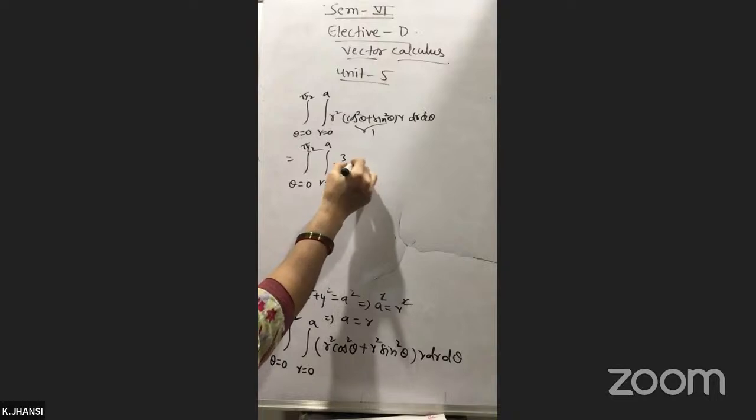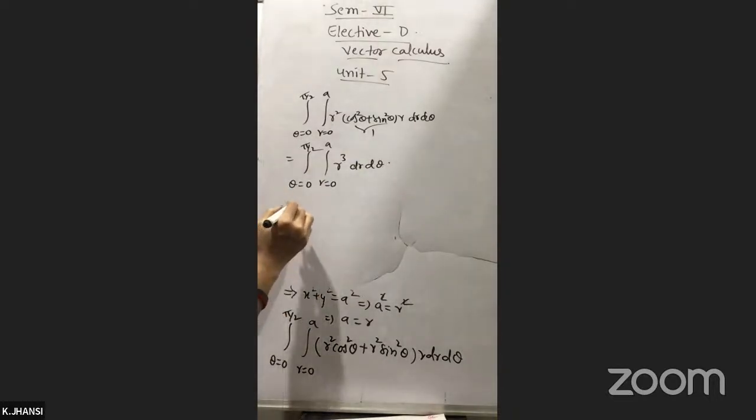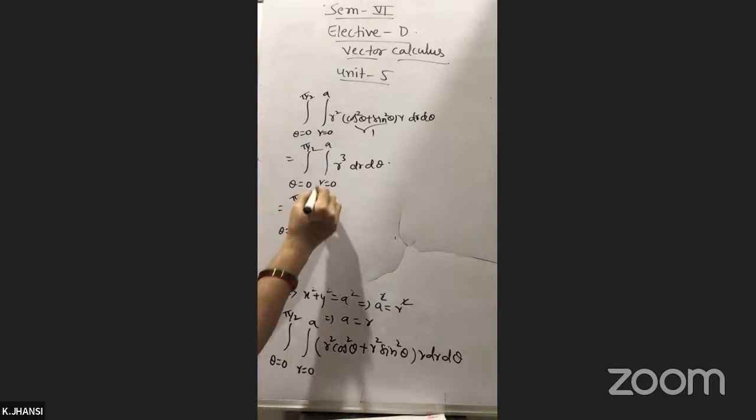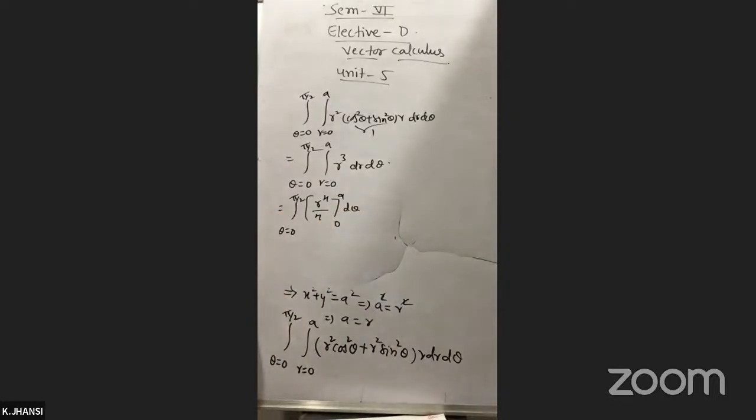So that is into 1 dr d theta. Okay. So first with respect to r, we do the integration here. That is theta equals to 0 to pi by 2. R cube integration is r to the power of 4 by 4, that is 0 to a. dr has been completed. Only d theta is there.